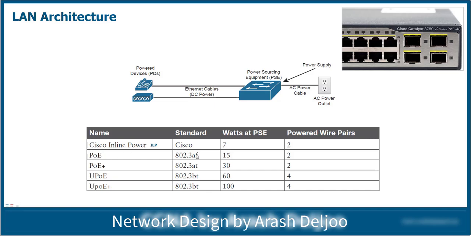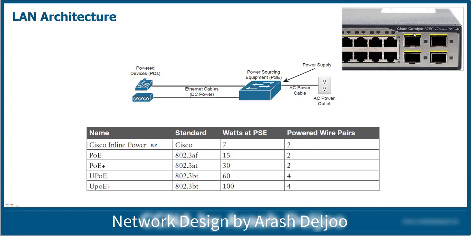PoE, or IEEE 802.3af, supports up to 15.4 watts. Again it uses 2 wire pairs, or 4 wires. Look here, 15 watts means we can connect devices with a maximum requirement of 15 watts to a device that supports PoE.